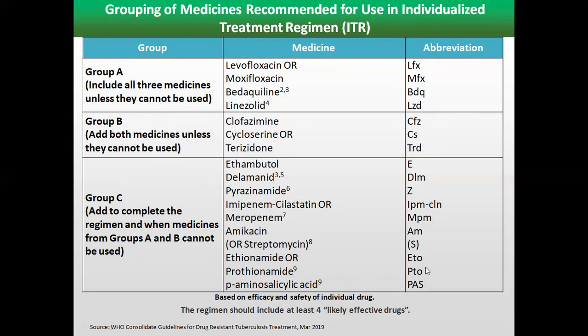Okay, so bakit siya naka-group? Ano yung basis ng grouping? The basis of the grouping is based po siya sa efficacy and the safety of the individual drug. So, pag nandoon po siya sa Group A, meaning ito mas maganda ang kanyang bacterial activity for the Mycobacterium tuberculosis and less din yung expected na adverse events, kumbaga yung safety profile niya ay better than the rest of the drugs.